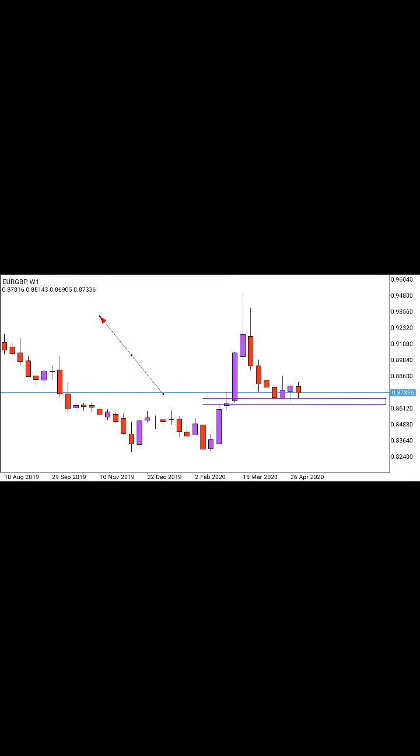Alright, why? Look at last week: open 0.8816, it went up to 0.88143, maybe around 30 pips. That is the highest it went. But the lowest it went is 0.86905, which is around 110 pips.